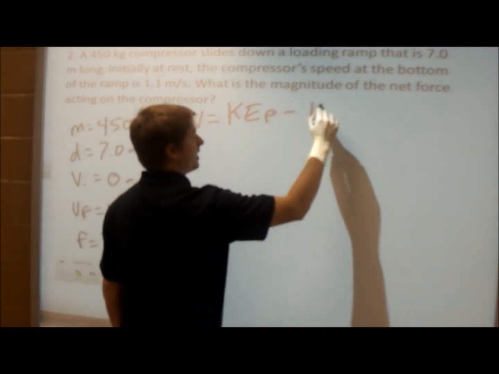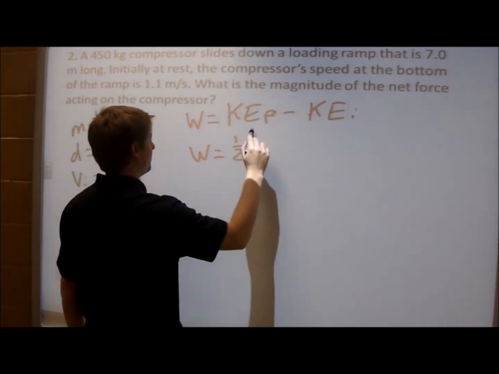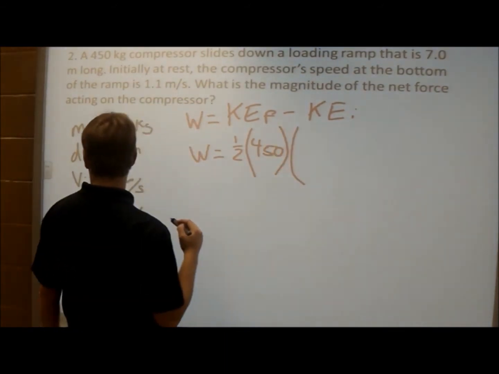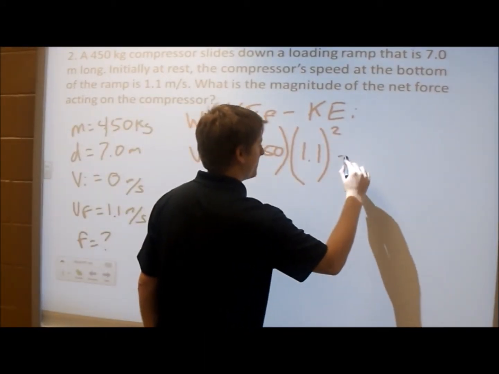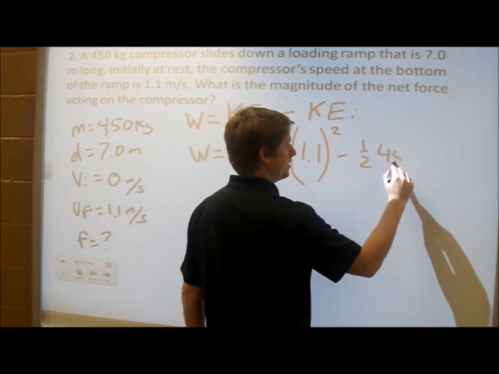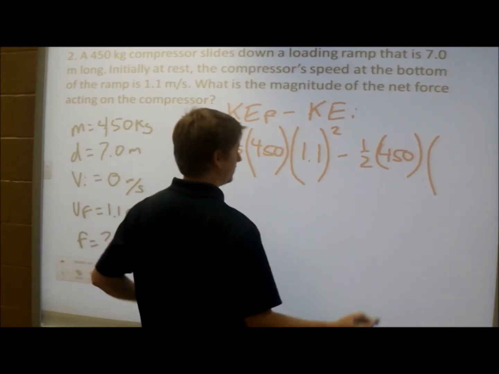KE final minus KE initial, so that is 1/2 times 450. Our final velocity here is 1.1. Make sure you square it. Minus 1/2 times 450, and our initial velocity is 0.